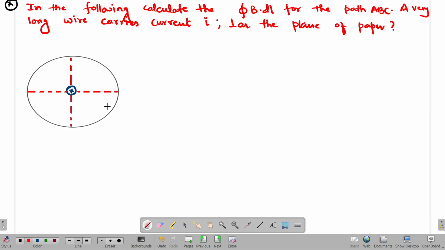Okay, so let's suppose I mark the points. This is A, this is B, and this is C. So find the magnetic field. Find the integral B dot dl for this ABC part. Are you able to get me or not?